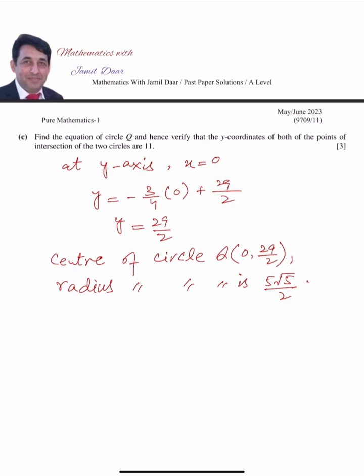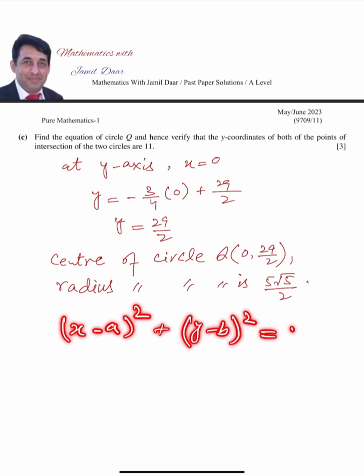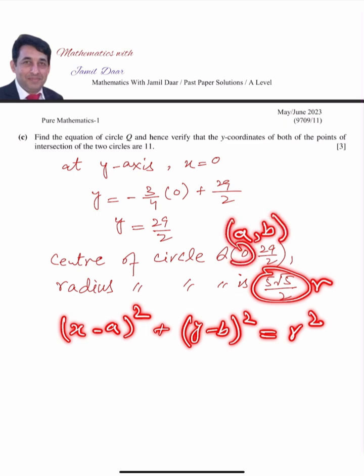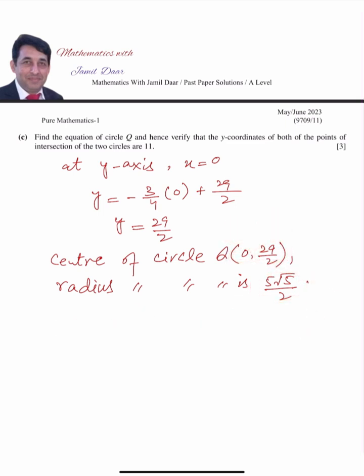If you substitute this in the equation of a circle, (x minus a) whole square plus (y minus b) whole square is equal to r square, where r is the radius and a, b is the center, so a is 0 and b is 29 over 2. Substituting, (x minus 0) whole square plus (y minus 29 over 2) whole square is equal to the square of 5 square root of 5 over 2.